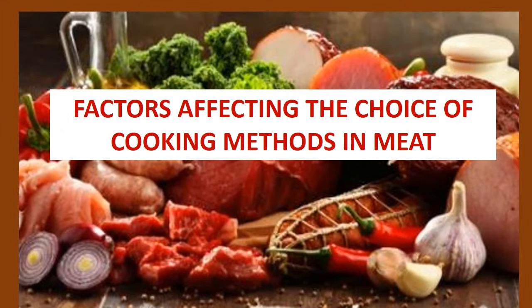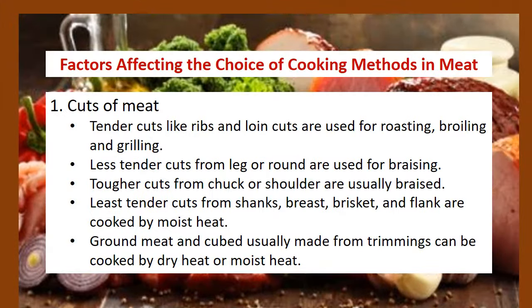The following are the factors affecting the choice of cooking methods in meat. The first factor is the cut of meat. Tender cuts like ribs and loin cuts are used for roasting, broiling, and grilling. Less tender cuts from leg or round are used for braising.